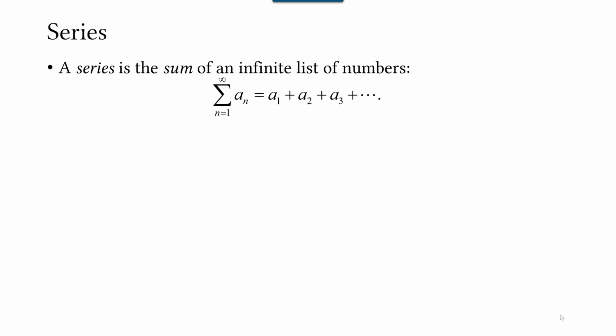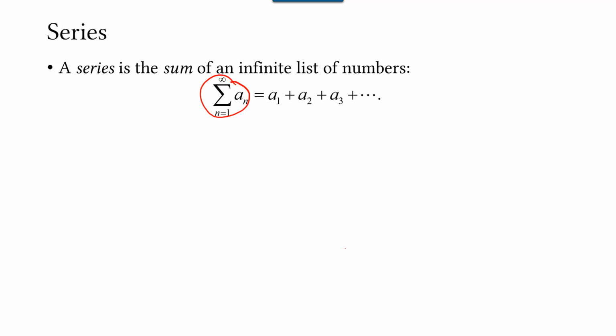So for series, instead of a list of numbers, we're going to have the sum of an infinite list of numbers. The notation is a capital Greek sigma, so that's here. The sigma is what stands for sum. So if we see that sigma notation, that means we're not dealing with a sequence, which is just a list. We're dealing with a series, which is the sum of all of the numbers indicated.